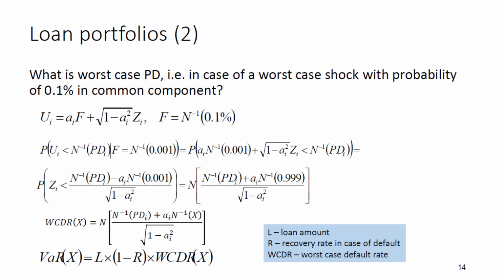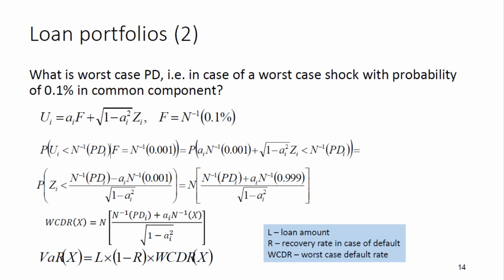Now I want to understand the effect of a worst case shock to the common factor. So I'm going to look at an event in F that only happens once every 1,000 years. So I put the critical value or the probability at 0.1%. That's a very negative shock occurring to the common factor.